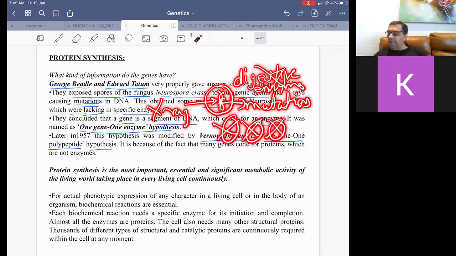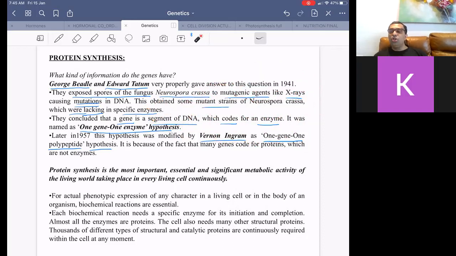So that clearly meant that one gene has undergone a mutation. It concluded that a gene is a segment of DNA which codes for a specific enzyme. And if the gene is mutated, the enzyme will not be produced. That was called the one gene, one enzyme hypothesis, given by Beadle and Tatum.